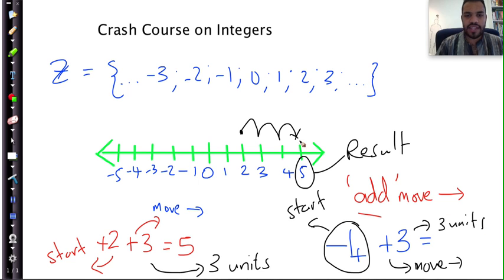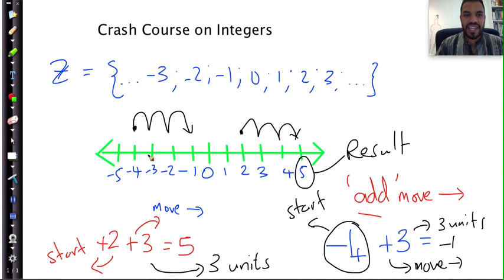So let's do that. Let's start at -4. There's -4, and I'm going to move 1, 2, 3 units to the right. If I move 3 units to the right, my result will be -1.